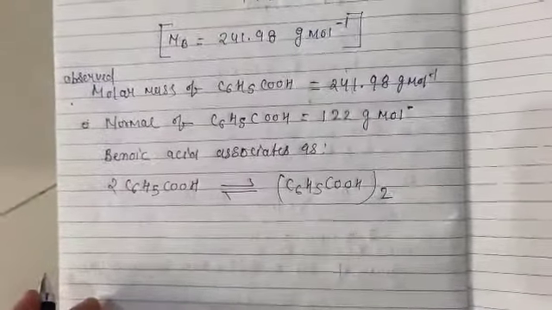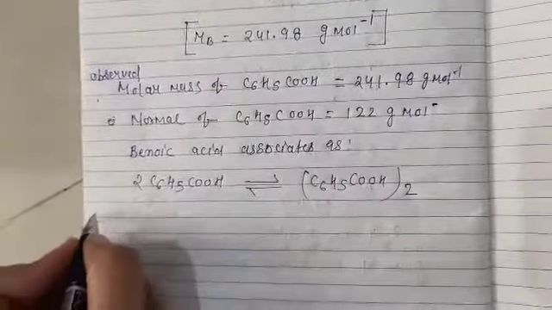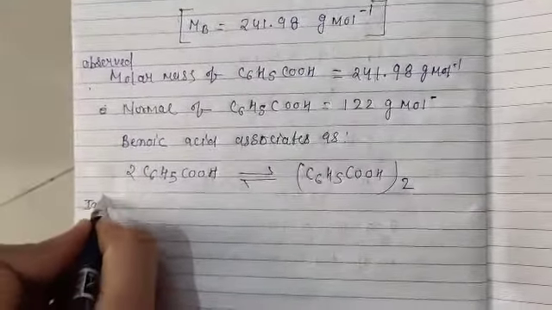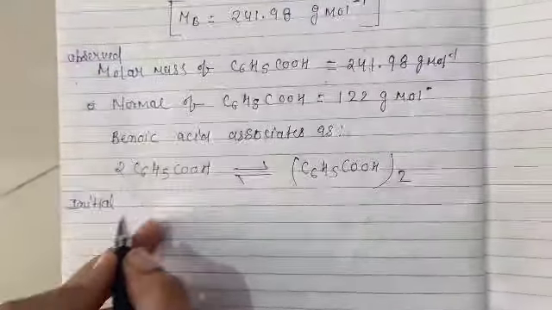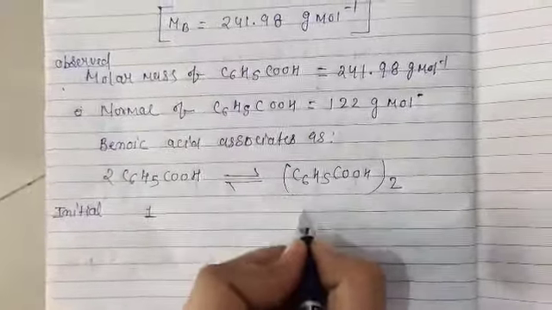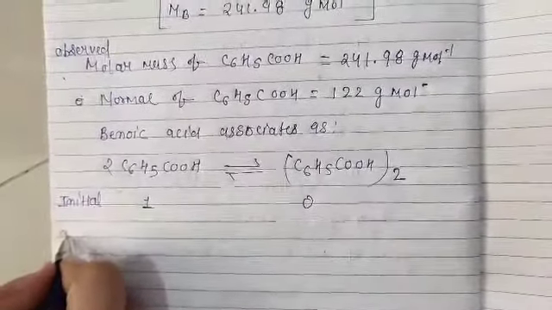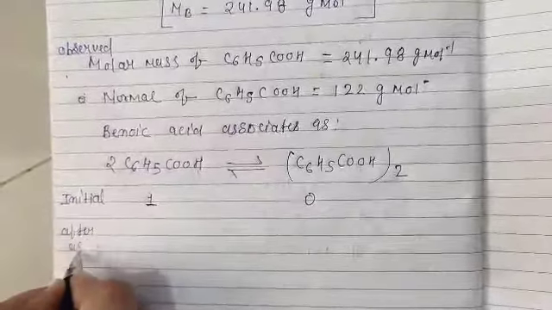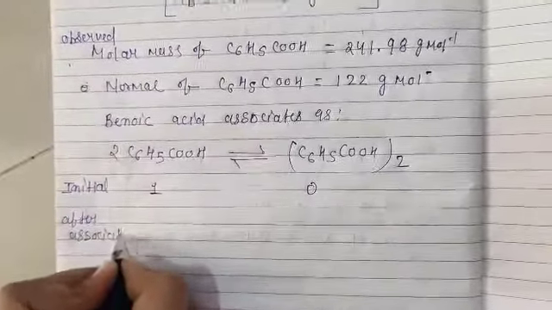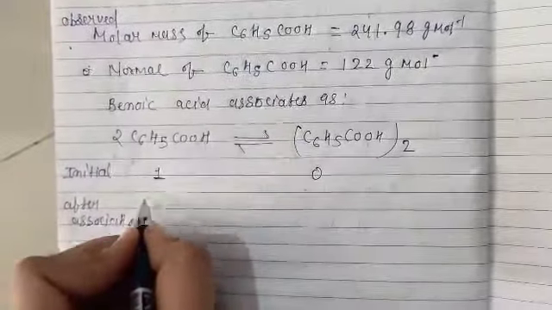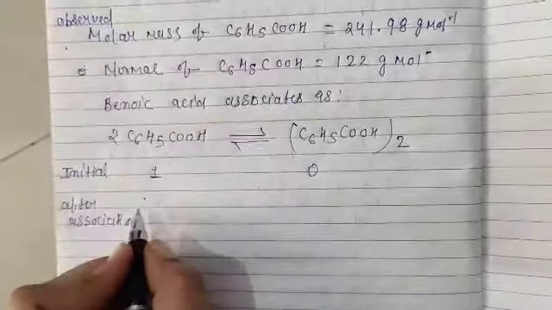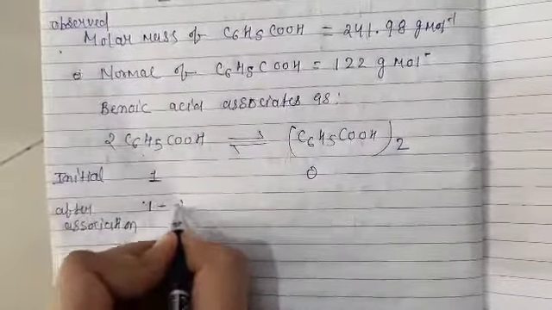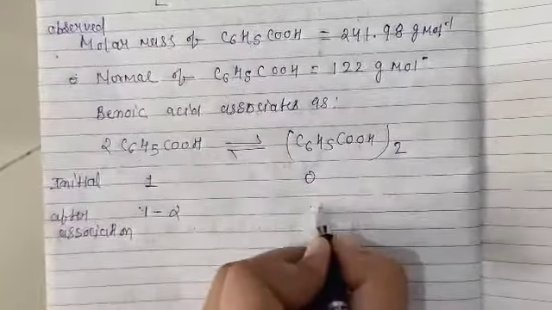Alpha is the degree of association. Initially, the moles of benzoic acid we have taken as 1 and dimer is 0. After association, if alpha is the degree of association, then the molecules which are not associated are 1 minus alpha, and the dimer will be alpha by 2. Why alpha by 2? Because a dimer is formed.